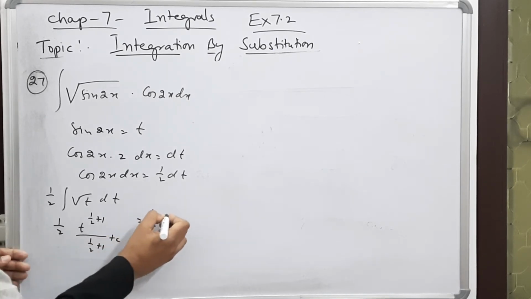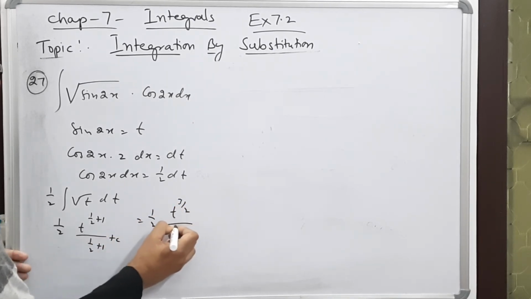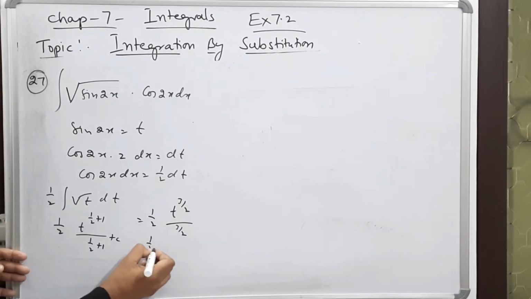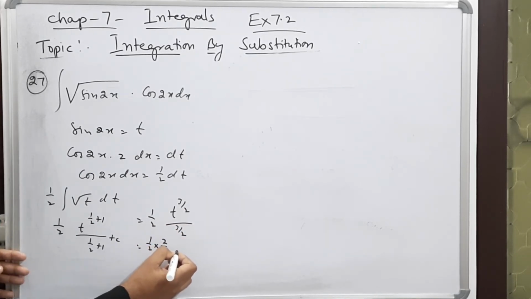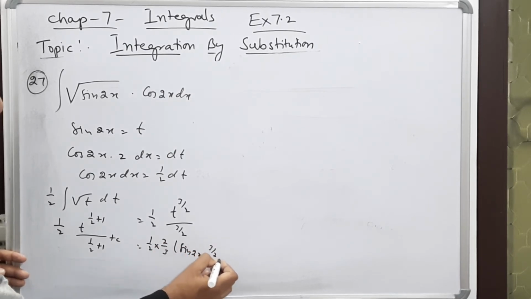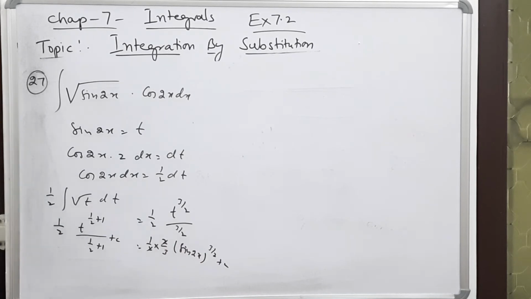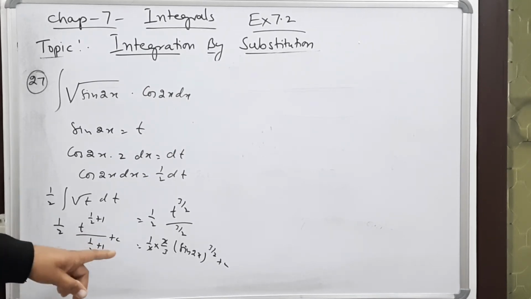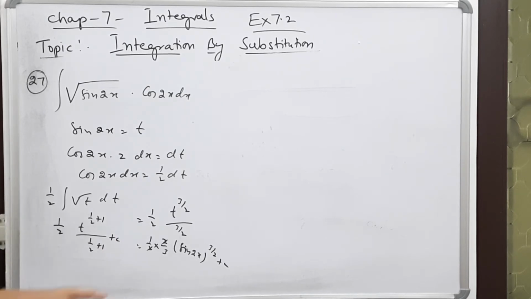So it is half t power 3 by 2 upon 3 by 2, so half into 2 by 3, and it is (sin 2x) power 3 by 2 plus c, and this cancels, and we will get the answer 1 by 3 (sin 2x) power 3 by 2. I hope this part is clear to you. Next problem.